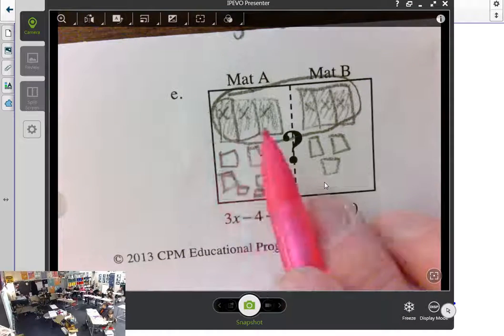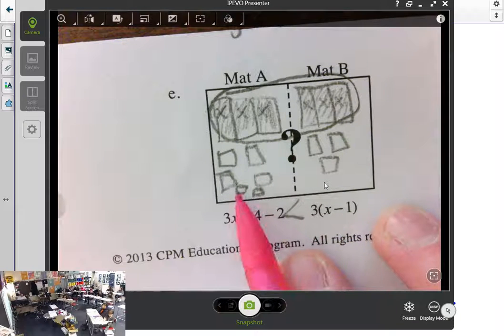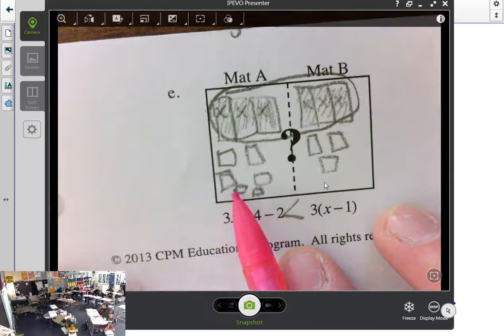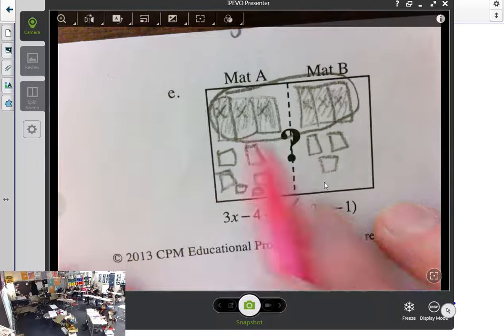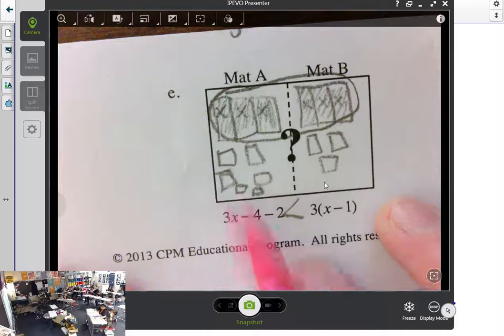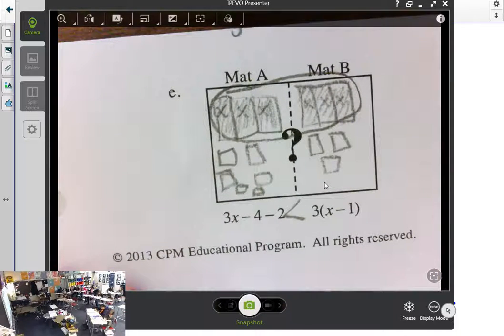So he drew 3 X's and 1, 2, 3, 4, 5, 6 of the ones. Doesn't have to be perfect. Draw something like that on your paper real quick. 3 X rectangles. These are not the squares, these are the rectangles. And then 6 empty boxes showing the -6.